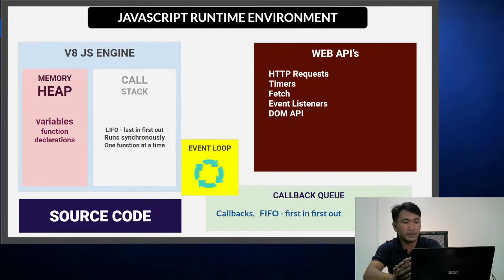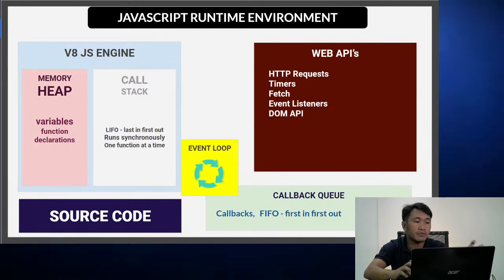works. Okay, so let me give you a brief overview of what is happening at the outset. There's a source code. We have the const, the variables that we have, and then we have functions in our code, and all of that, as you might have known, is stored in the memory.